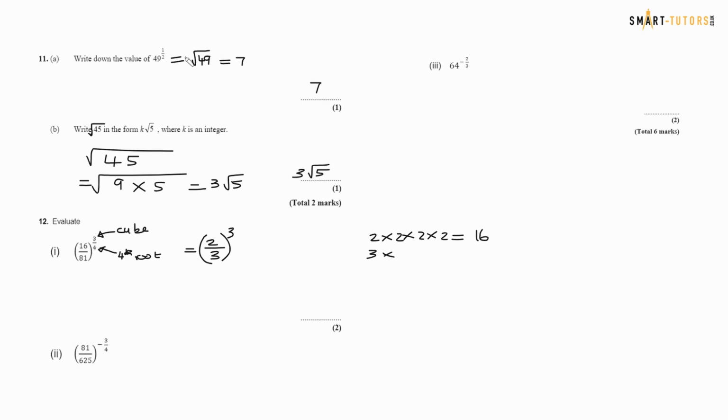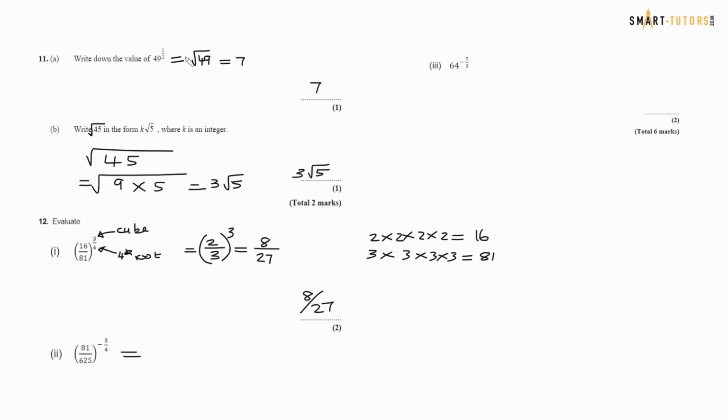Same as 3 times 3 times 3 times 3 is 81, so 81's 4th root is 3. So 2 over 3 to the power 3. 2 cube is 8, 3 cube is 27. So the answer is 8 over 27.